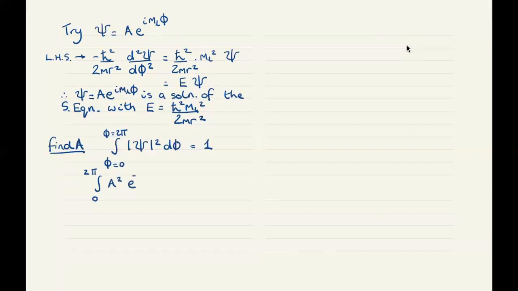Remember, when we take the square modulus, that's e to the minus i m sub l phi times e to the i m sub l phi, integrated over all phi, and we set this equal to 1. And this, of course, is equal to 1. So we obtain A squared times 2 pi is equal to 1, or A is equal to 1 over the square root of 2 pi.